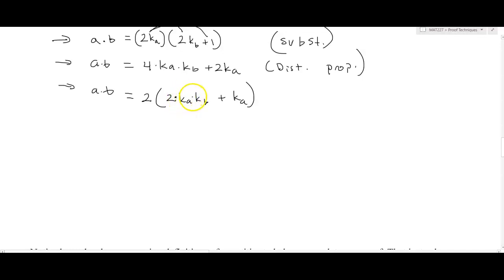And an integer times another integer is still an integer. And an integer plus an integer is an integer. Therefore, this is an integer by closure of integers under addition and multiplication.